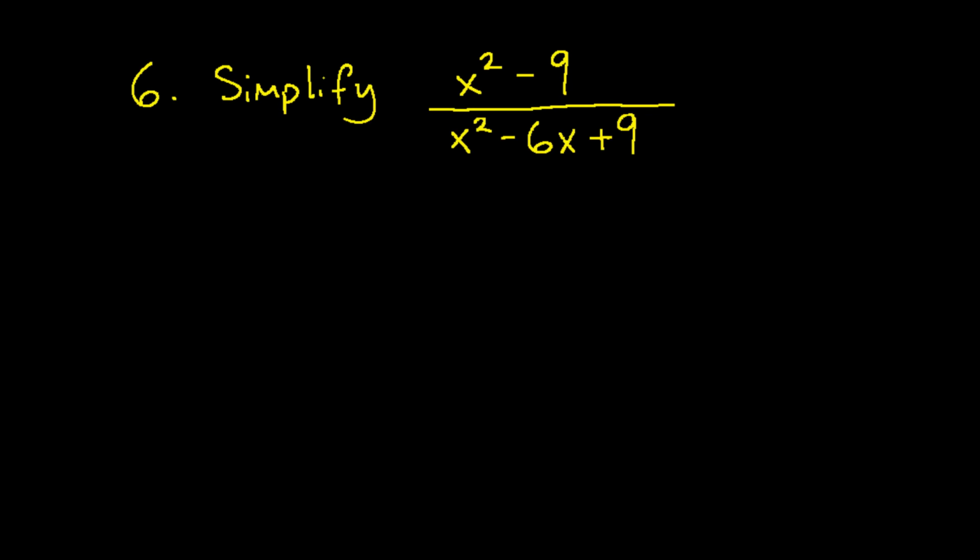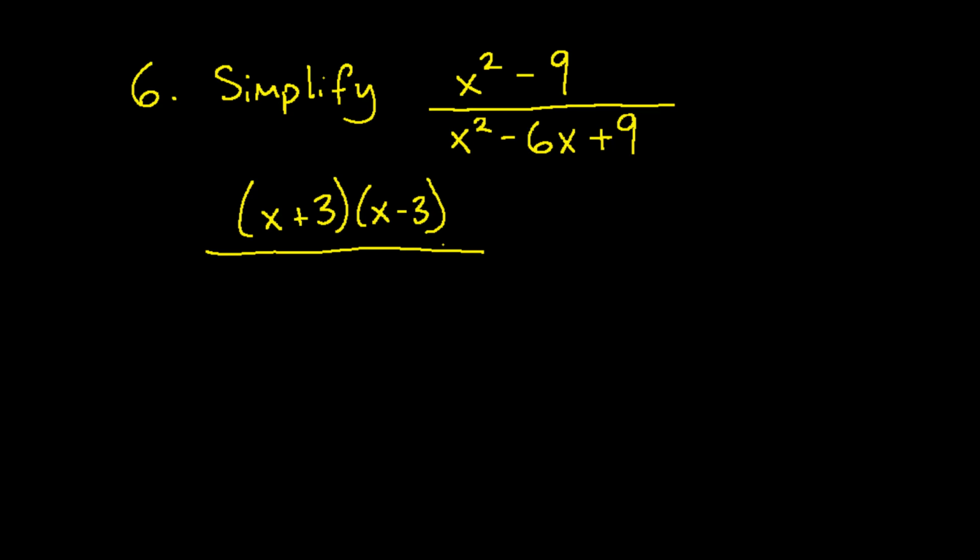Number 6 involves simplifying a rational expression. To do these types of problems, you will want to see if you could factor the numerator, factor the denominator, and see if anything cancels. If you remember your difference of two squares formula, then you would know that x squared minus 9 factors into x plus 3 times x minus 3.